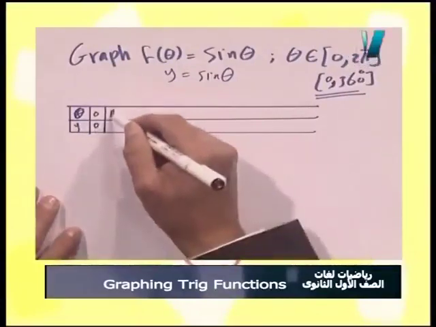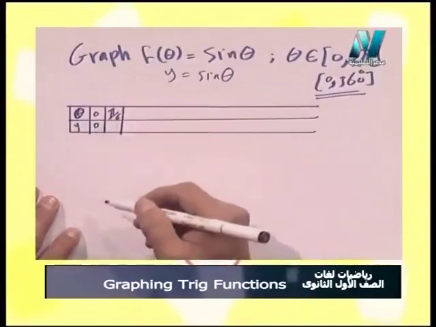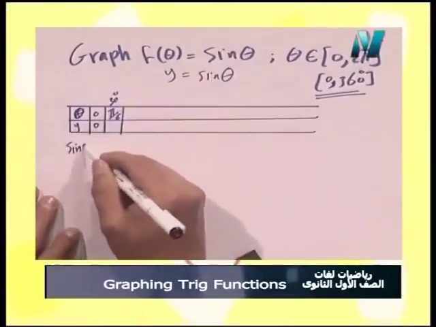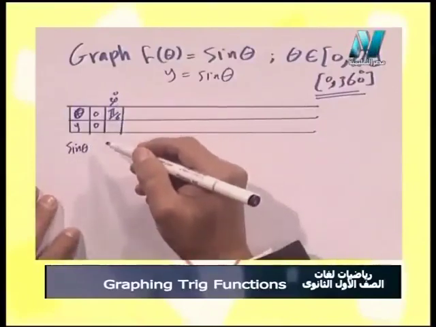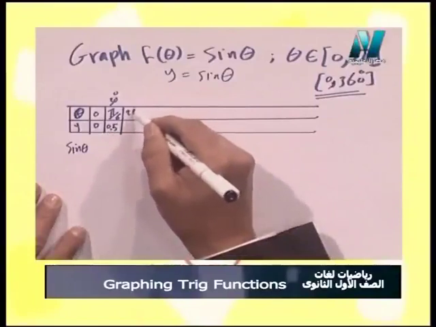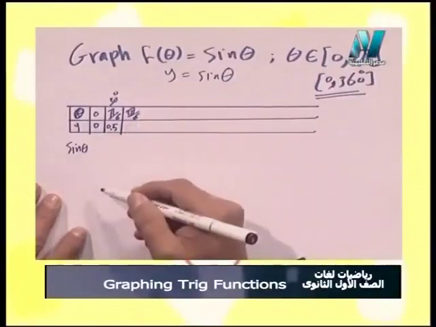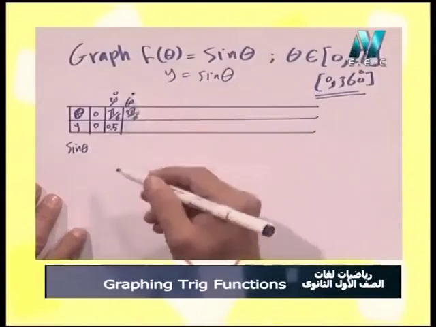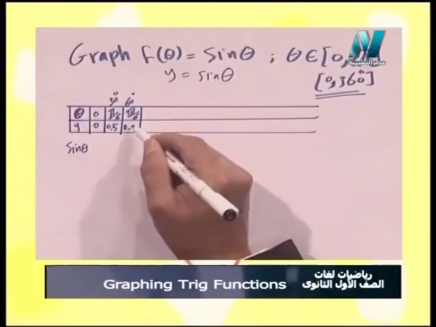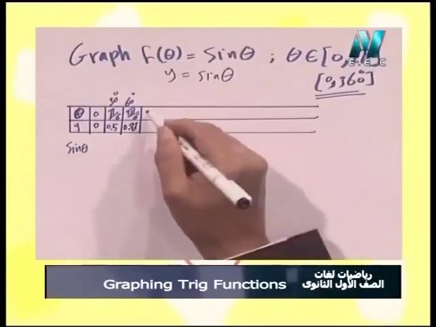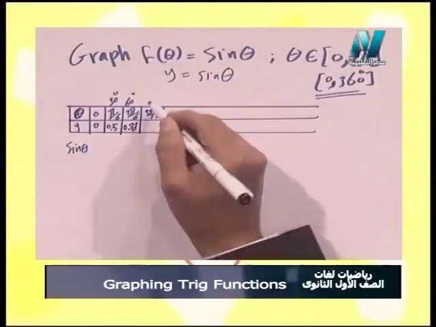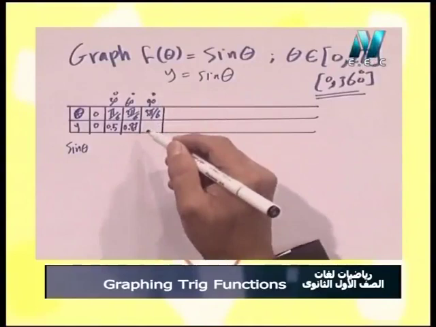Pi over 6 means 30 degrees, so sine 30 will be 0.5. 2 pi over 6 means 60 degrees, and sine 60 using your calculator will be approximately 0.87. 3 pi over 6 is 90 degrees, and the answer will be 1.